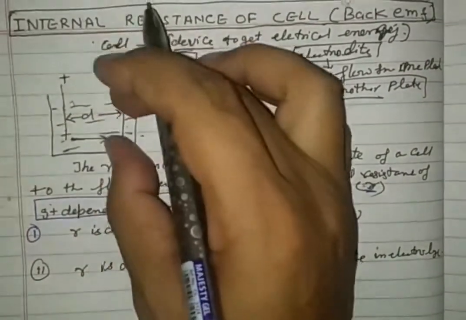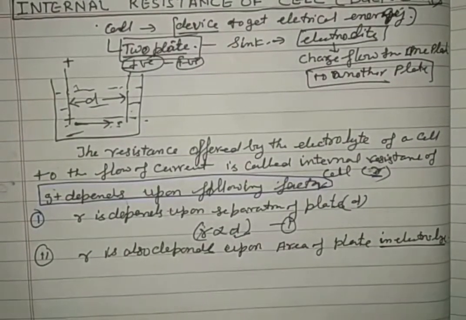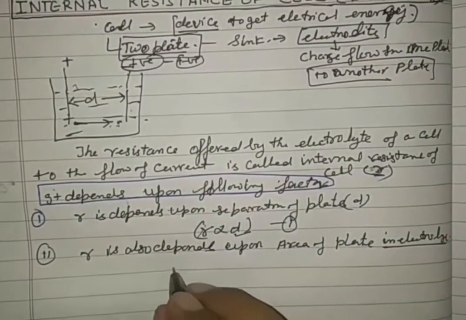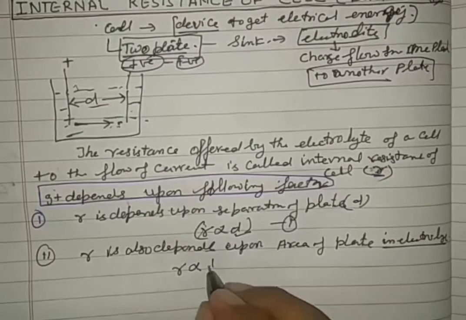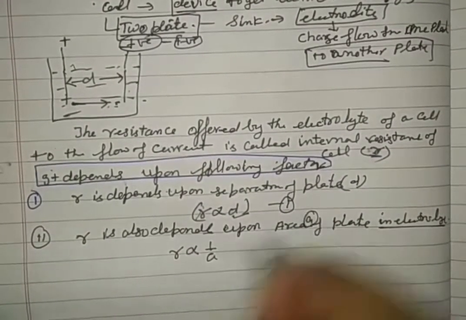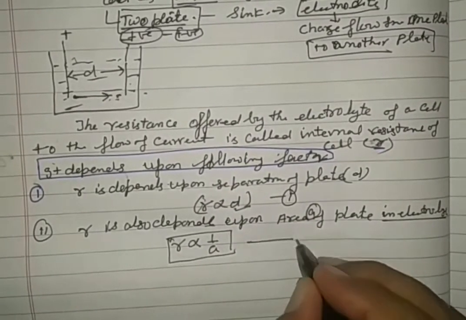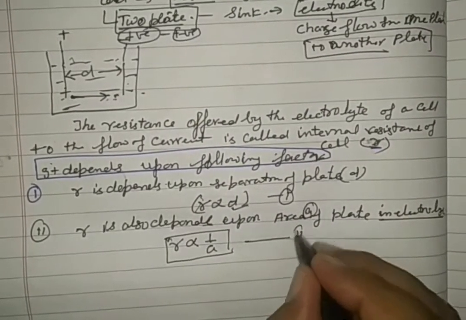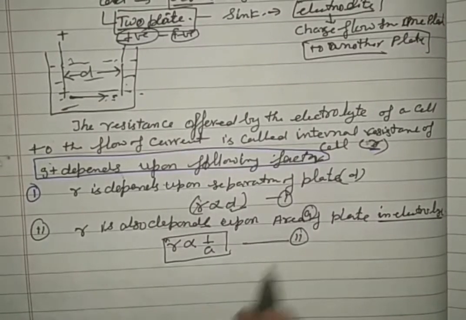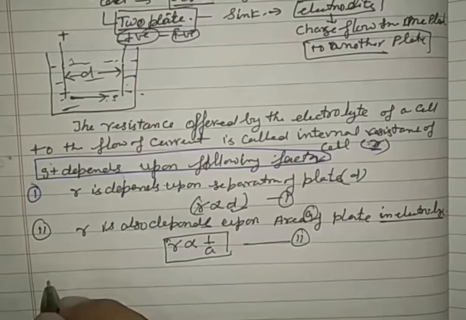The dipping part of the area of the plate in the electrolyte, see carefully. So internal resistance is inversely proportional to the area, if area is denoted by A. More area, less internal resistance, and vice versa. It also depends upon one more factor.